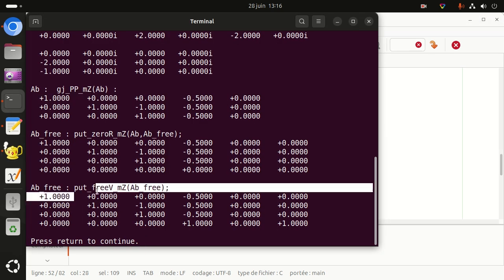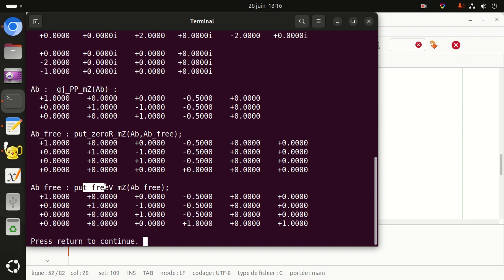Now I use this function to put the free variable. To put the free variable, I must add 1 here, and I must add 1 here. In this way, I have put the free variable in this linear system of equations.